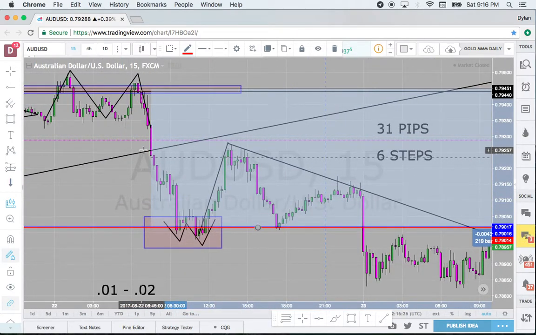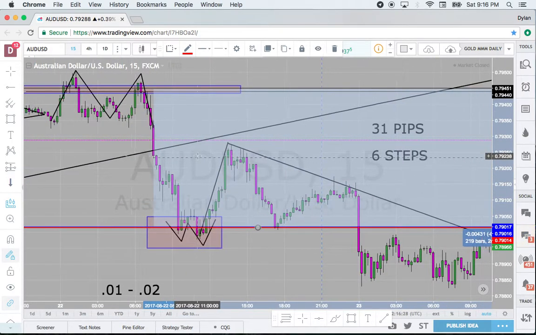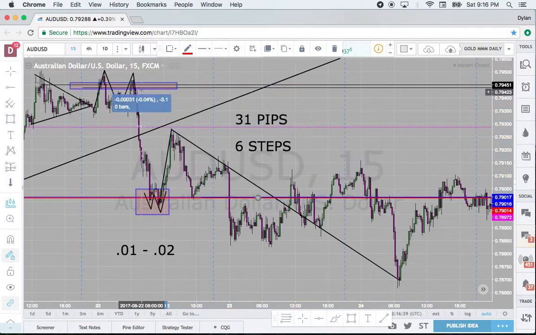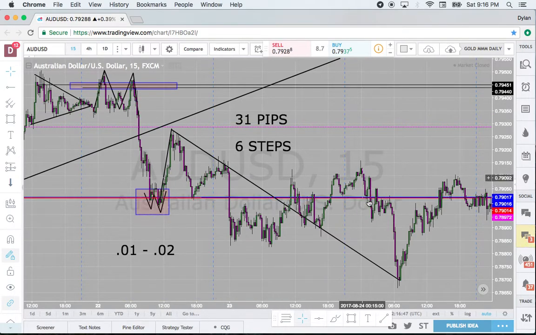I had someone say, we're losing pips because we're not closing out, for example, right here. Well, look at that. If you would have closed out right here, you wouldn't have let the robot do what it needs to do.